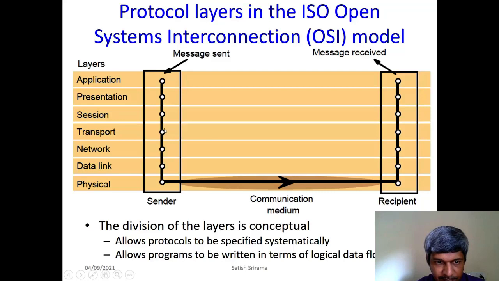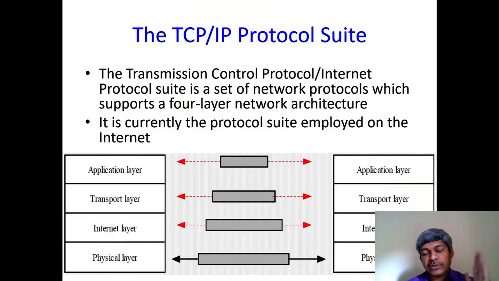Similarly, the session, presentation, and application layers. This layering also allows programs to be written in terms of logical data flow, which is something we should remember. So that's about the ISO OSI network model.